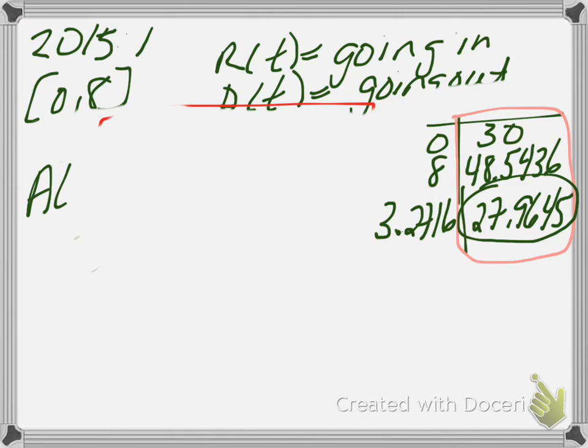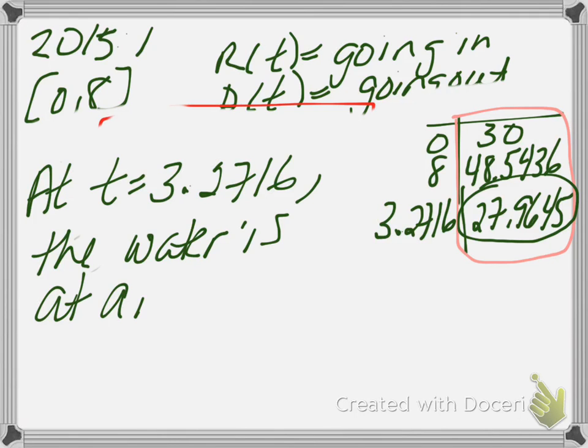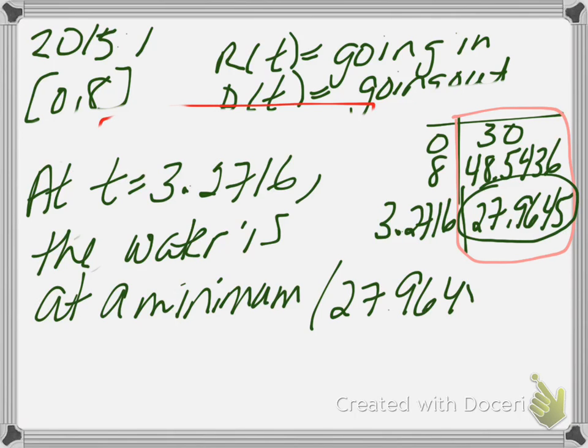So you're going to say at t equals 3.2716, the water is at a minimum, and then you could just put in parentheses 27.9645 feet cubed, because it's volume if you're filling it with water.